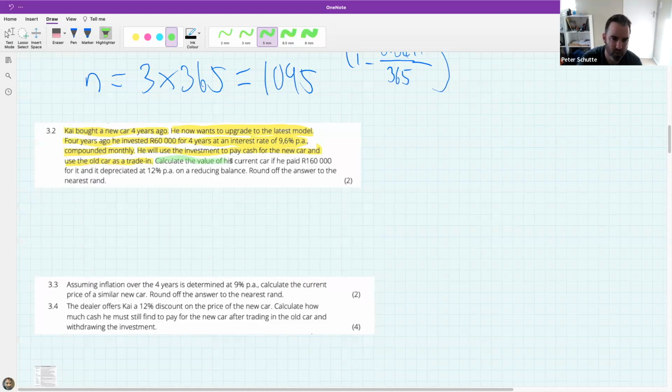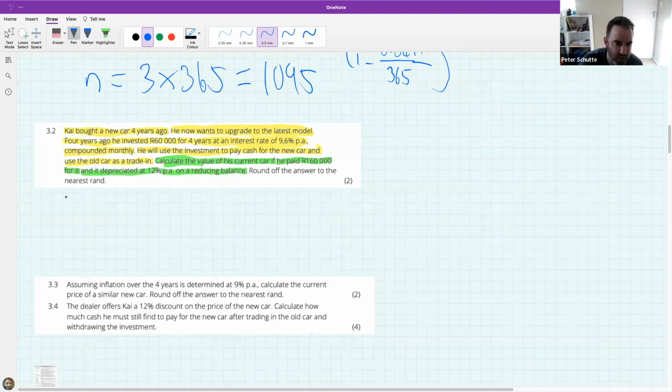Calculate the value of his current car if he paid 160,000 Rand for it and it depreciated at 12% per annum on reducing balance. Okay, so let's start by doing the green bit. I know that's a whole long story, but really all I want to know is the value of his current car.